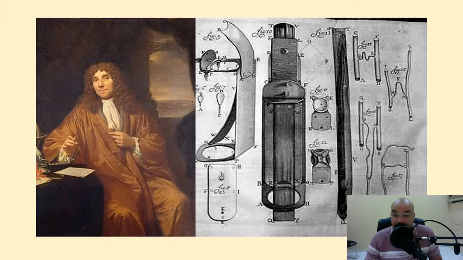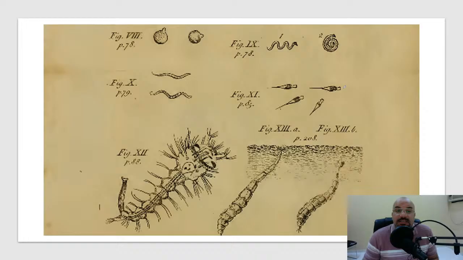They discovered living cells, small, that cannot be seen with the naked eye and need this microscope. And you can see here the first drawing of what they saw using the initial microscope. They saw different types of bacteria, and they started to draw them to show us what they saw.